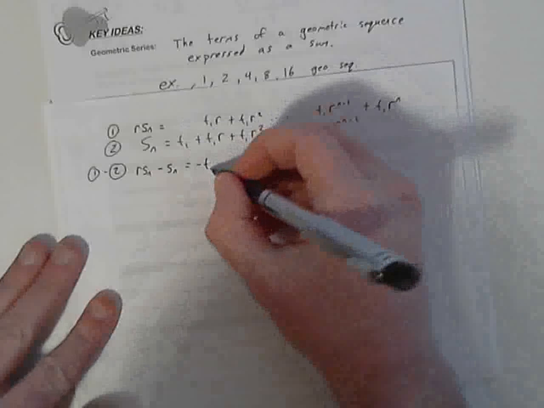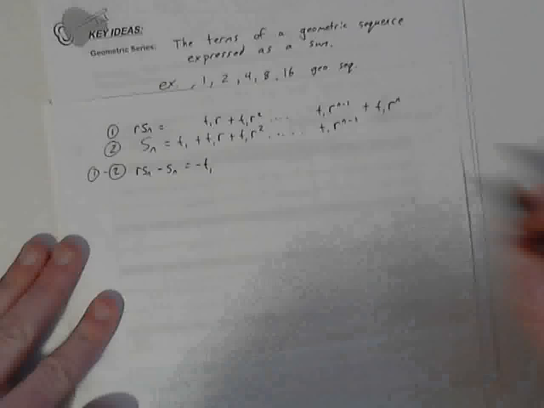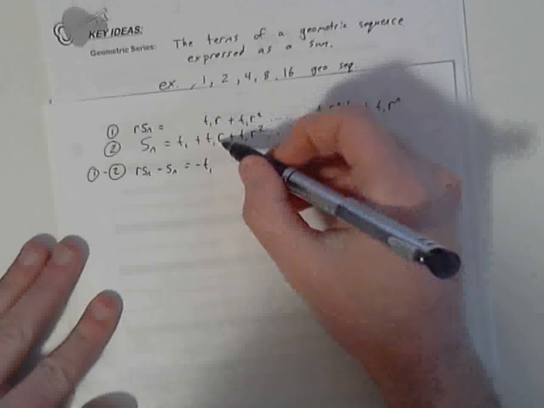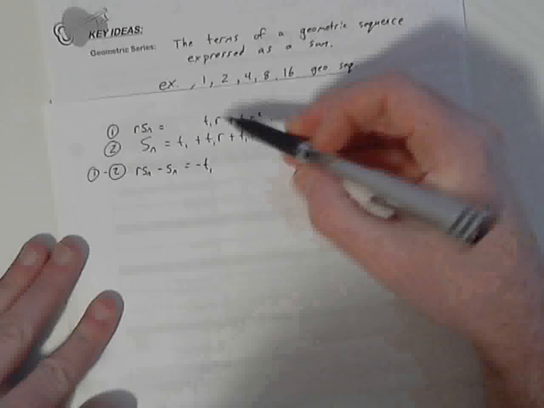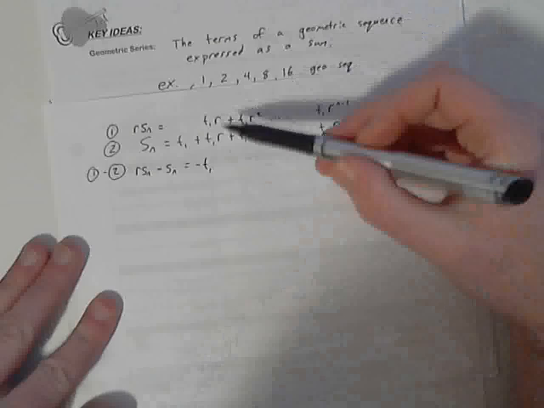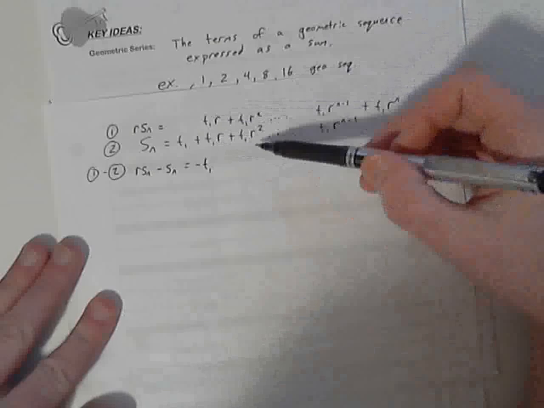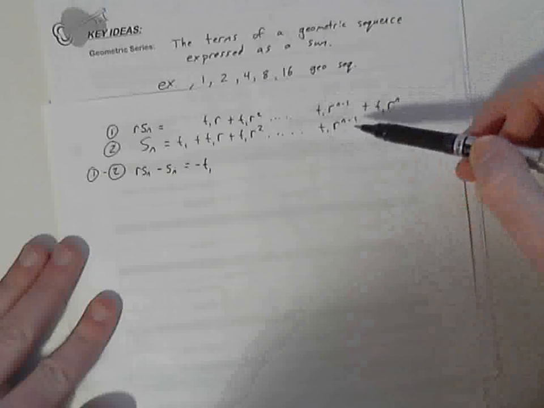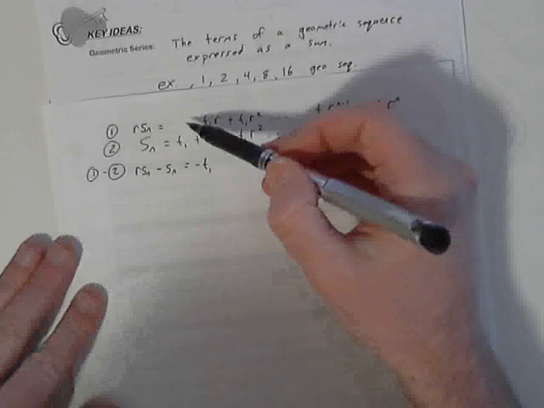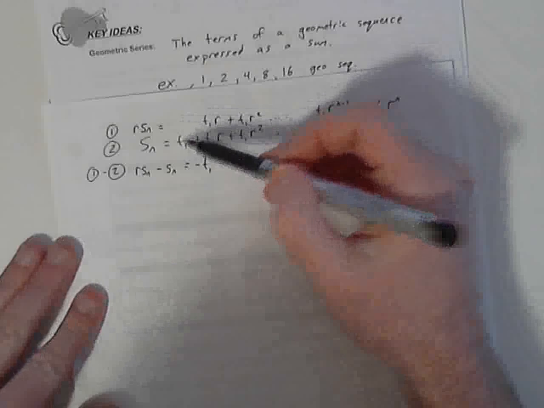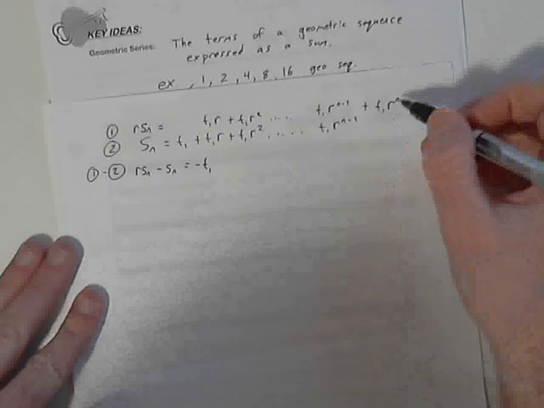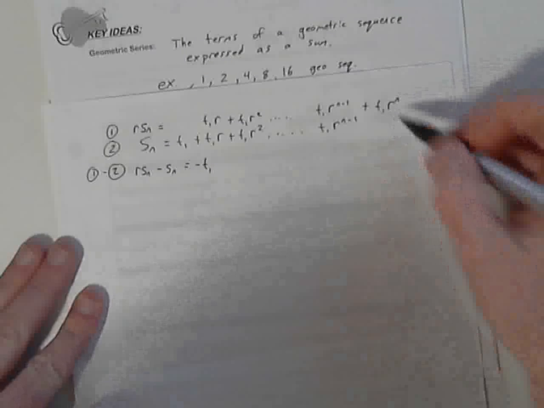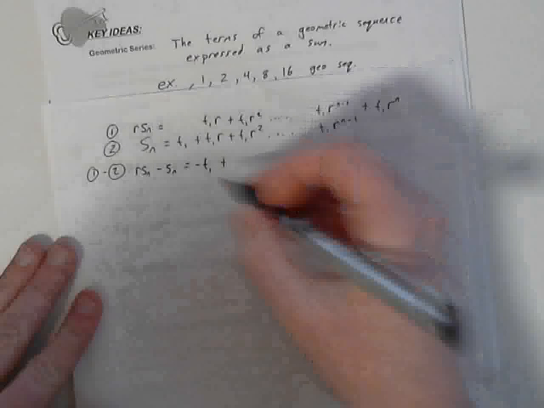And then this term, subtract this term, so we've just shifted everything right because it makes the subtraction much easier. So this term should disappear, this term should disappear, all the terms in the middle should disappear, and we get left over the first term, and we get left over this last term as well. So that subtract nothing should be plus T1 r to the n.